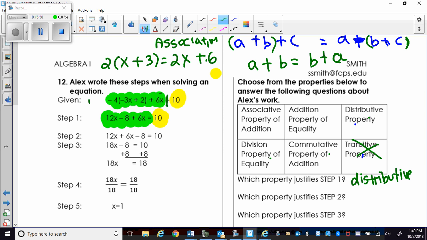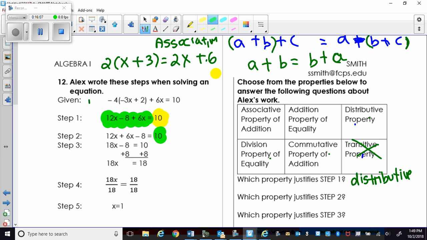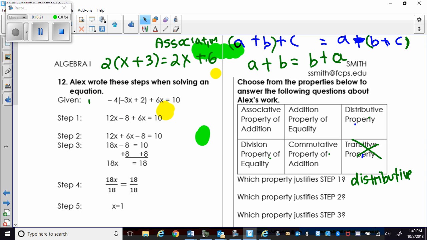So from step 1 to step 2, let's look at the right hand side first. That's the easiest place to start. Did anything change? On the right? No. Now let's look at the left. Look at what changed. Look at all of this. Now, did the 12x's change? No, those are the same. Now, did these change?